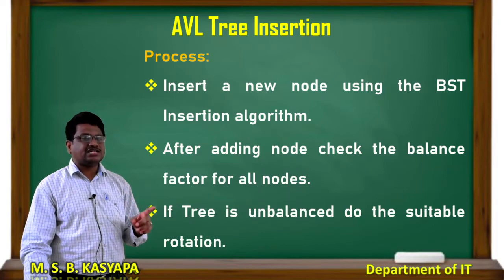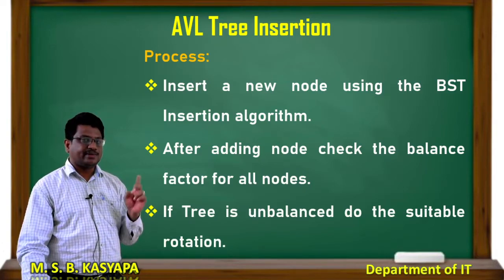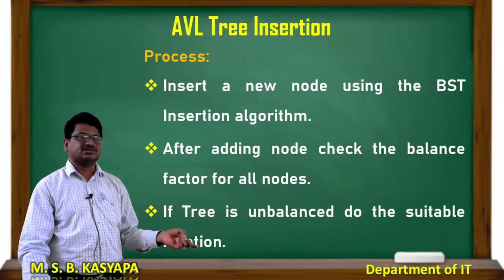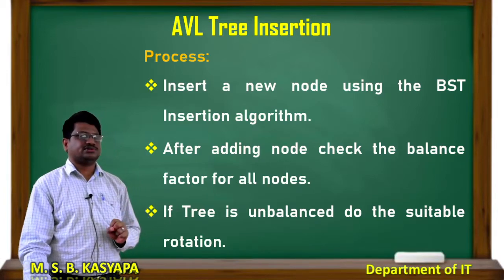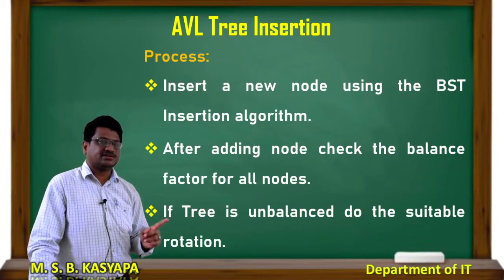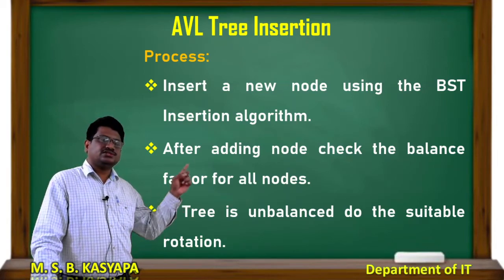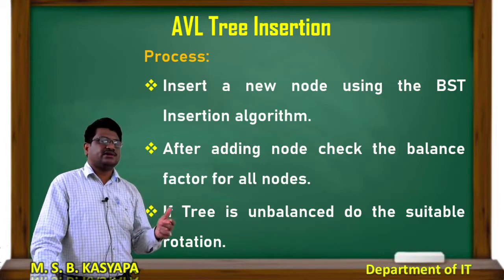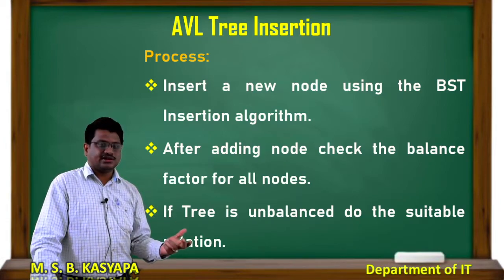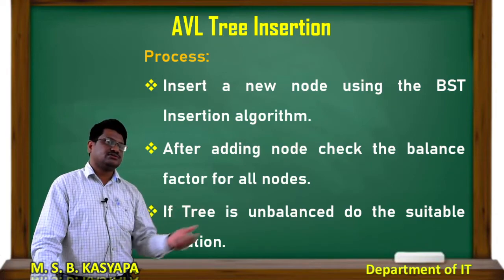If the balance factors are not acceptable by the AVL tree, then I have to do the rotations. Otherwise, I don't need to do the rotation. Okay, this is the process. First, insert a value according to the binary search tree. Then check the balance factor. After calculating the balance factor, if it is violating the AVL tree, then I have to use the rotation.